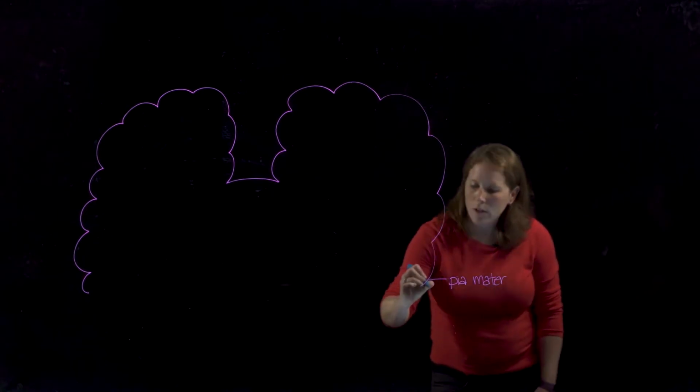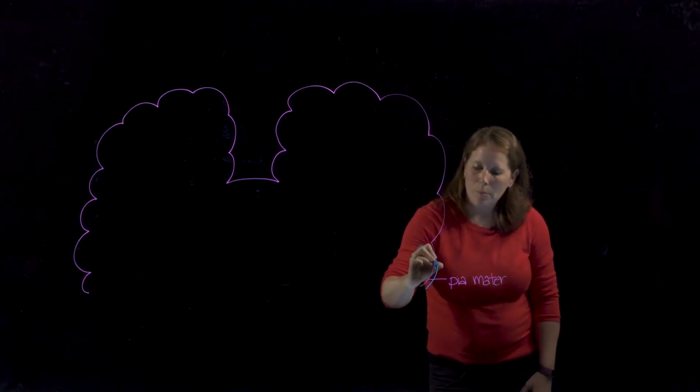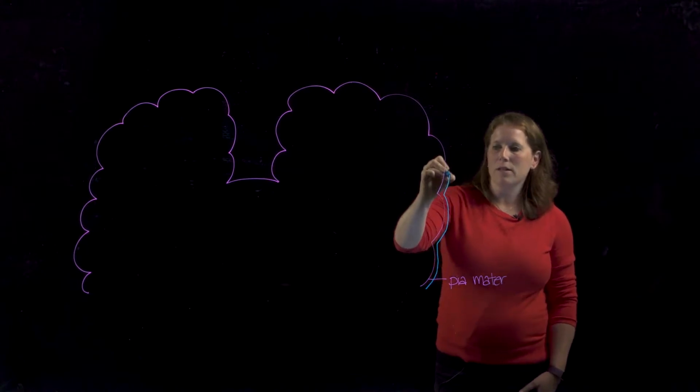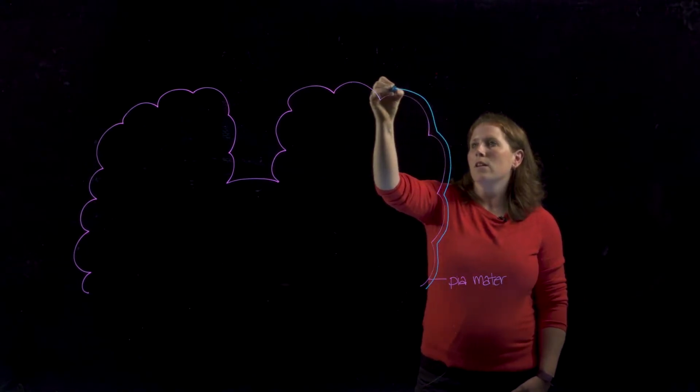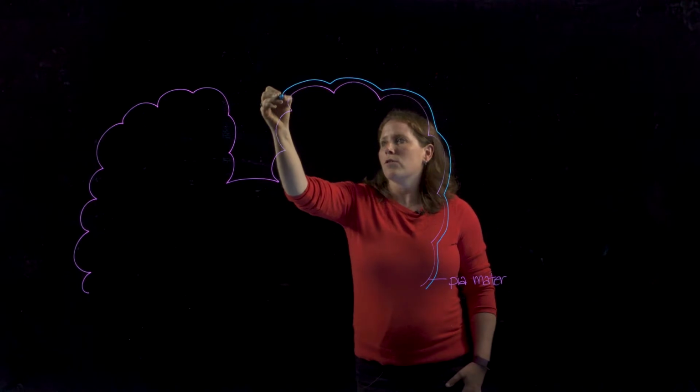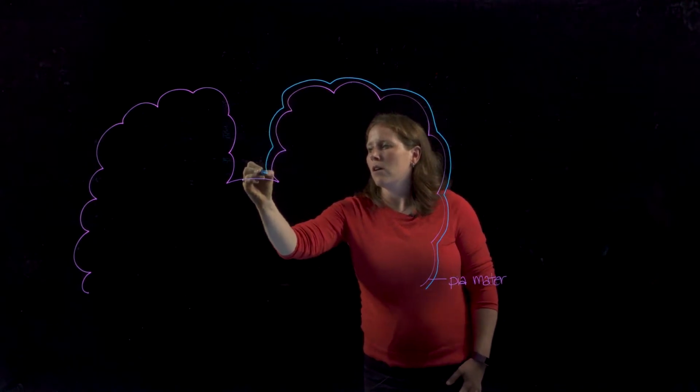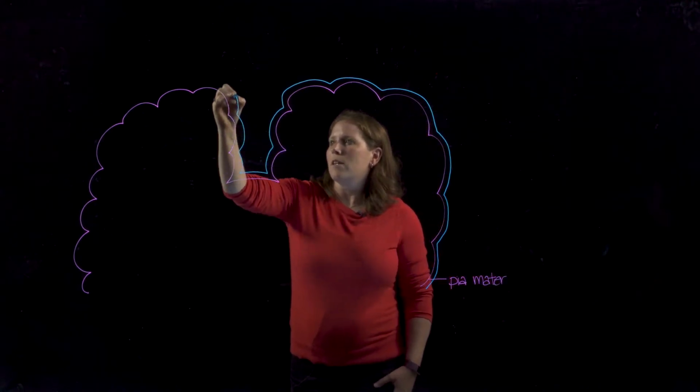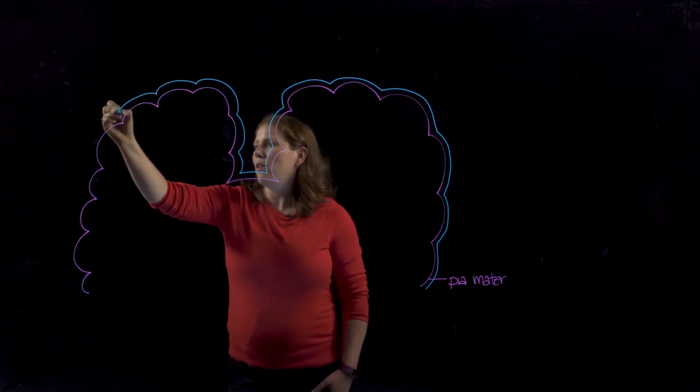The next layer will have a slight gap from the pia, so that space is significant. I'm just going to follow all the contours that I drew right down into that fissure as well.